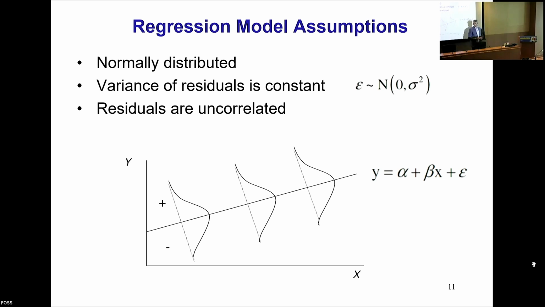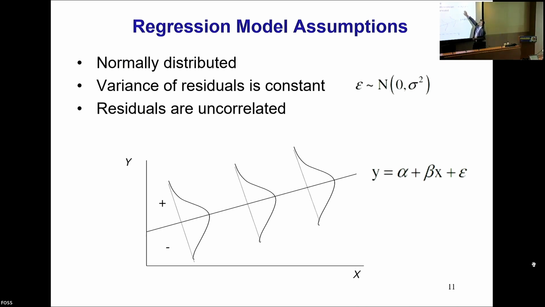So the variance in the residuals is increasing as x increases, or the other way around, the variance in the residuals can be decreasing as x increases. So you've got this situation of heteroscedasticity, which is a problem for linear regression models.